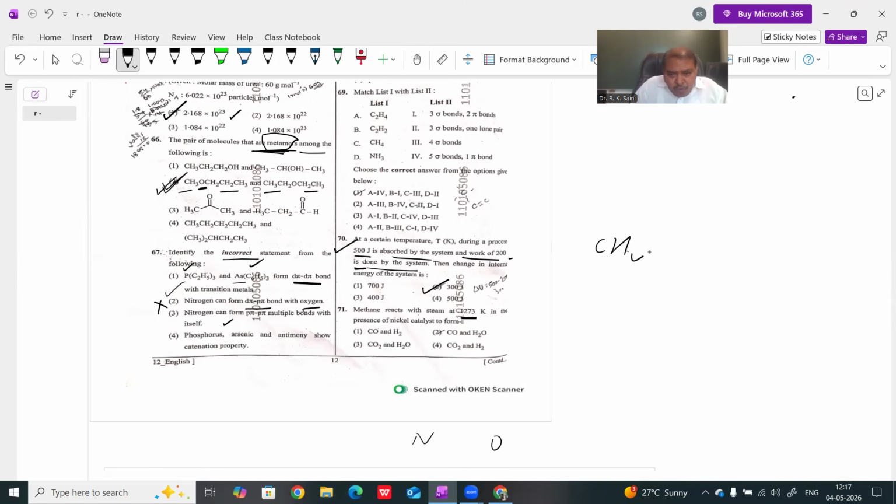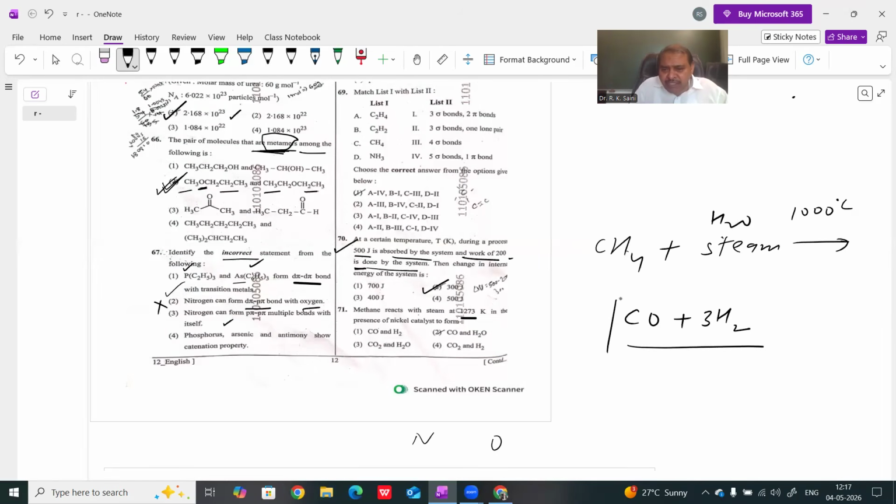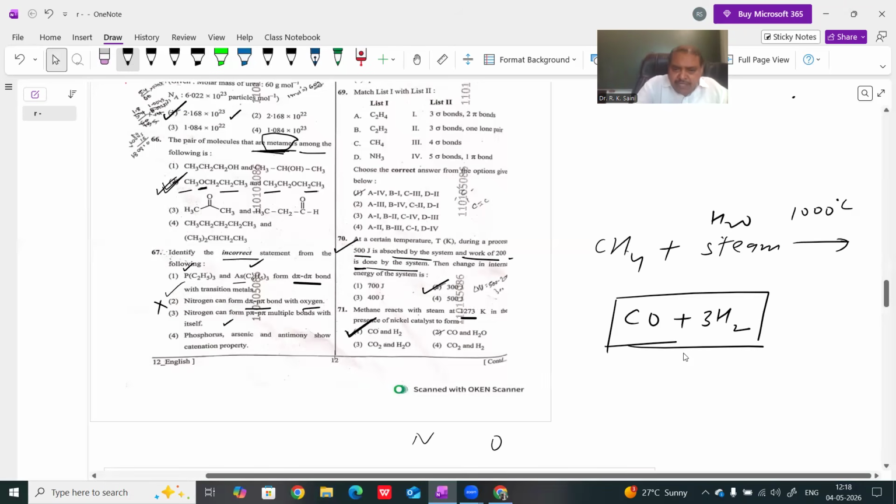When all alkanes react with steam at nearly 1000 degrees centigrade or Kelvin, the products are carbon monoxide and H2, suppose 3H2, and this gaseous mixture is known as syngas, synthesis gas, etc. Therefore, this reaction is given in your NCERT book, and hence the answer is CO and H2, CO and H2 only. Question next.